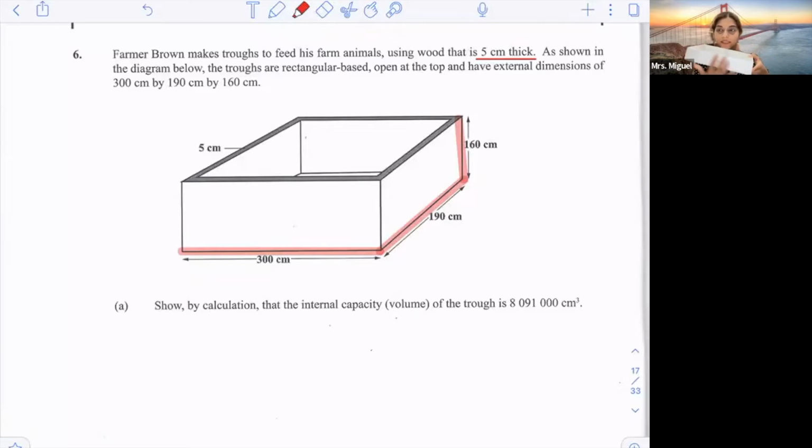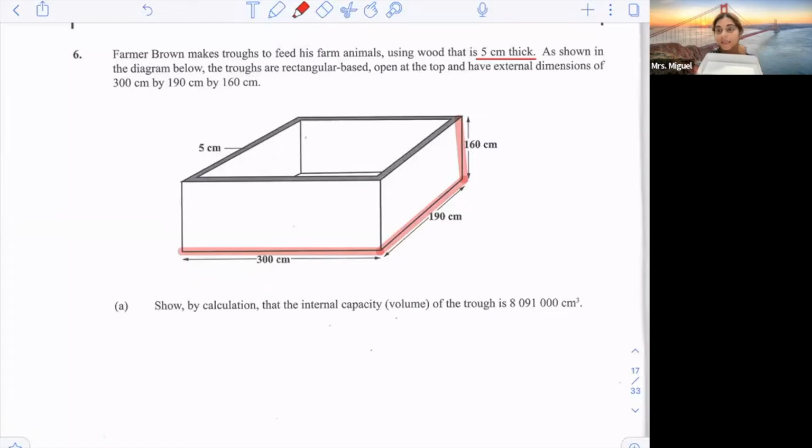So the outside has an external dimension of 300, 190 by 160. But the inside of the box, the dimensions are different because in my box, there is a thickness. So the internal dimensions are smaller than the outside.